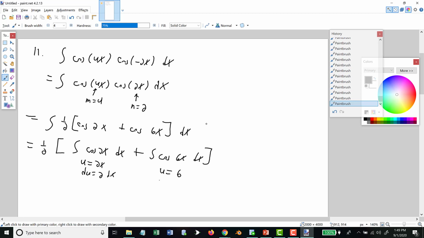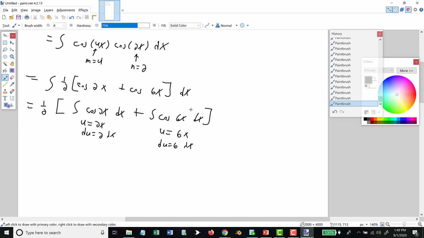So that's 6x, and du would be 6 dx. Which means that in the first integral I need a 2 in there, so I put a 1/2 out in front. And in the second one I need a 6 in there, so I put a 1/6 out in front. So that gives me 1/2, and then I put a 1/2 out here, so I can put a 2 inside. Here I'll put a 1/6 out in front, so I can put a 6 inside.